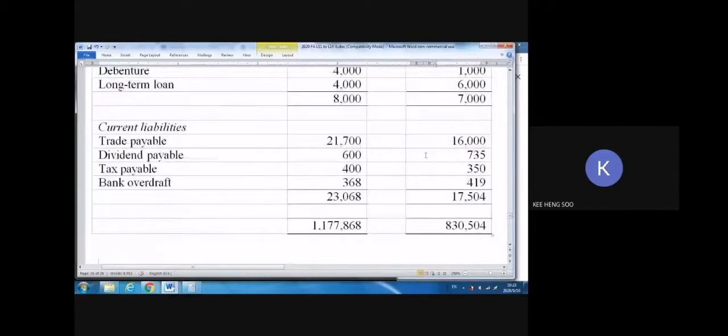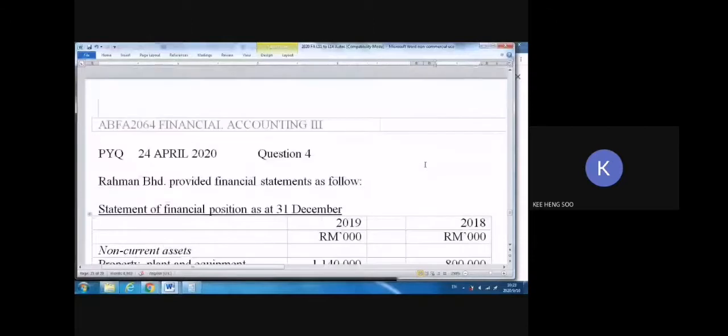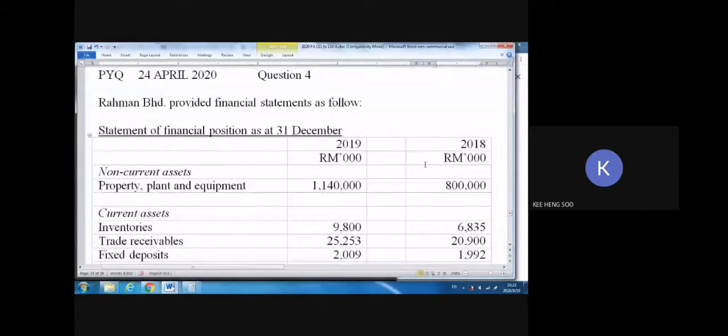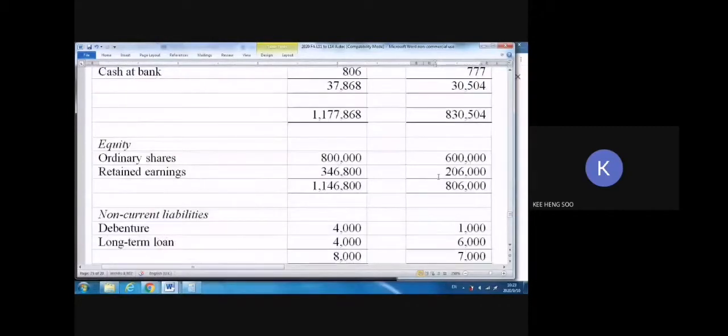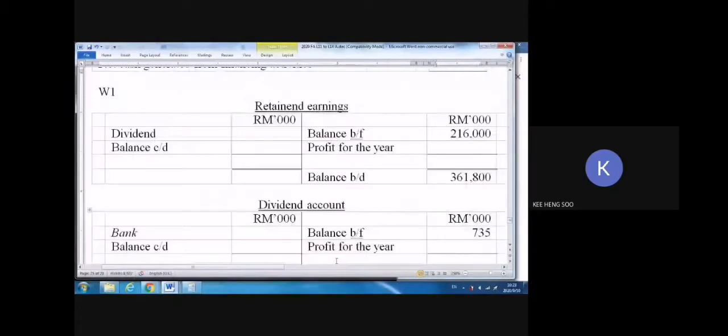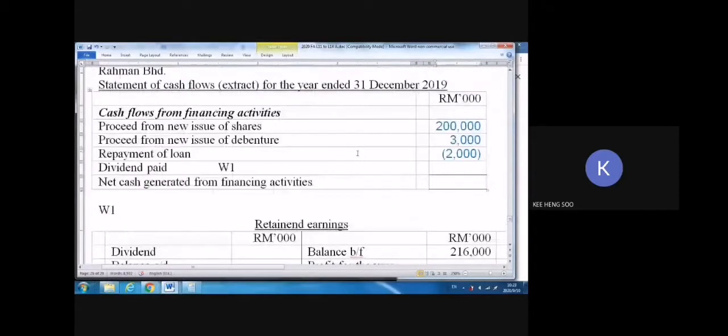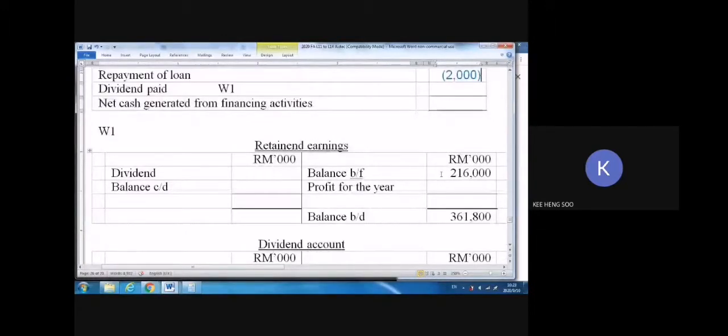Dividend. Your retained earnings. In order to get this working for the dividend, do you see your balance 216 and 361?